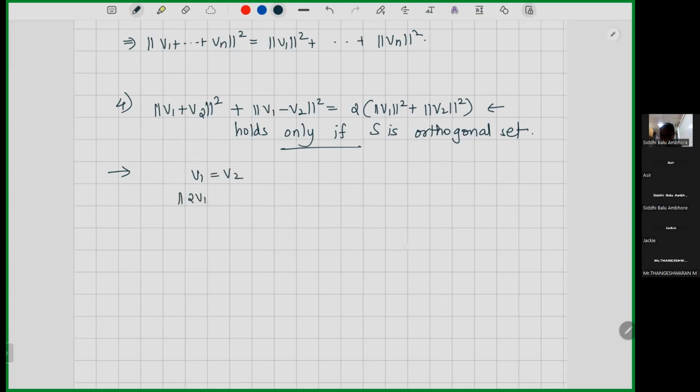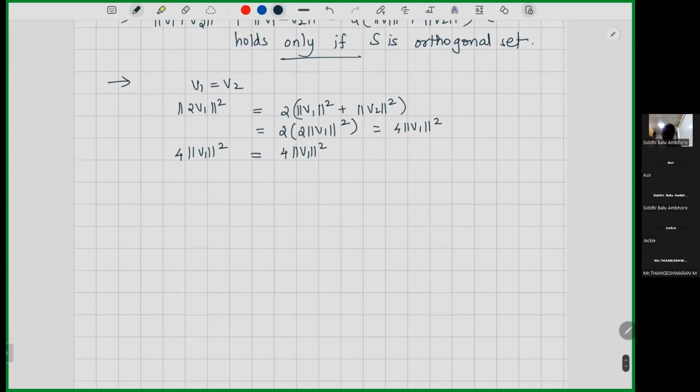This is norm of 2 v1 square is equal to 2 times norm of v1 square plus norm of v2 square, which is 2 into 2 norm v1 square, which is 4 norm v1 square. And here when we take the norm square, 4 comes out. It has to be, right? This is v1 square, but is it?